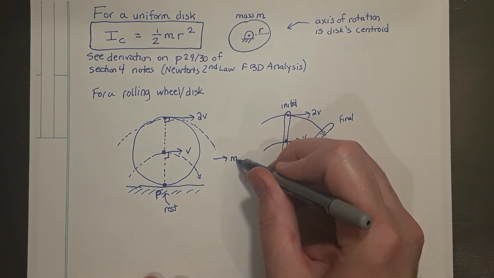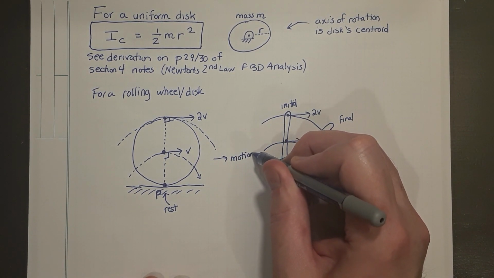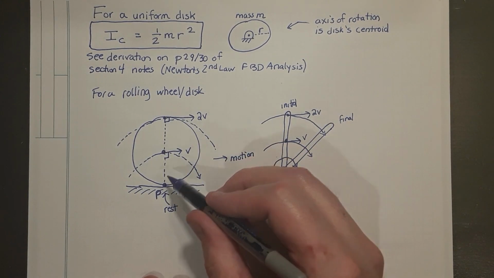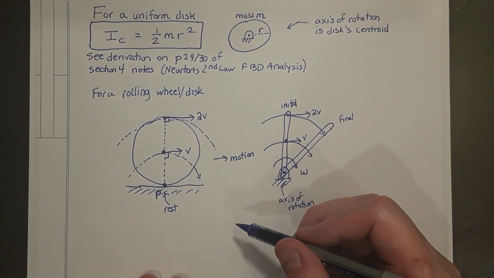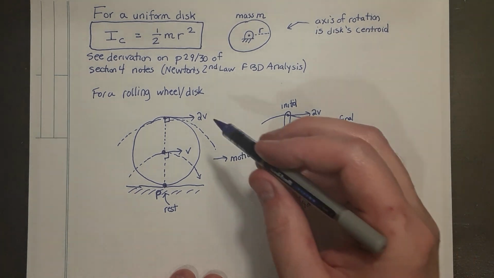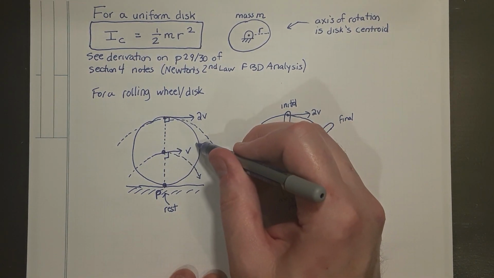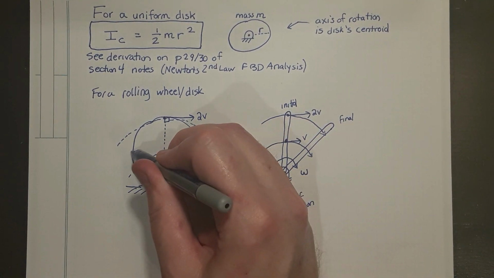So even though the wheel is moving to the right, as it is rolling, this point of contact is the instantaneous center of rotation.